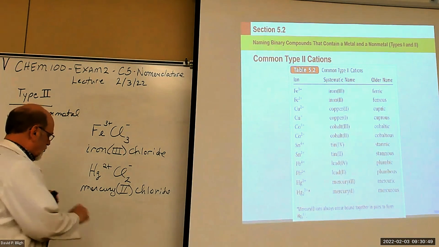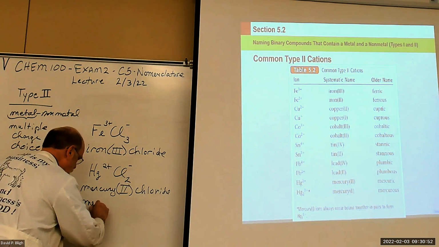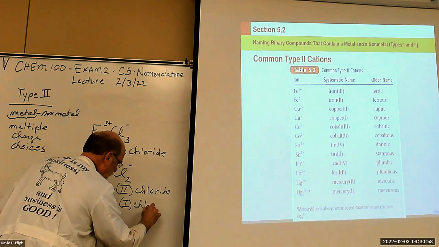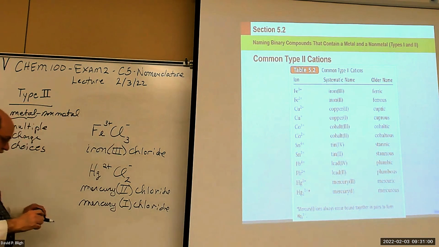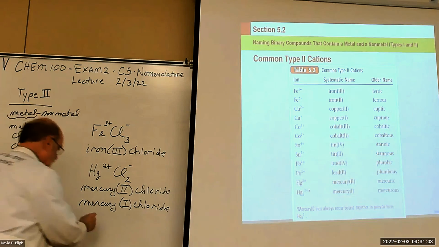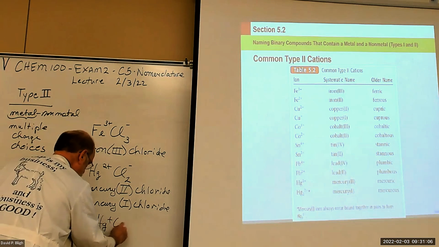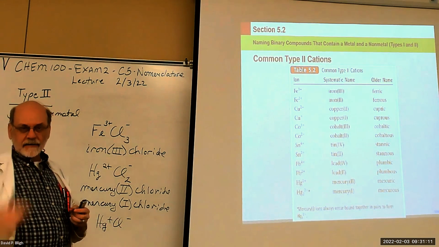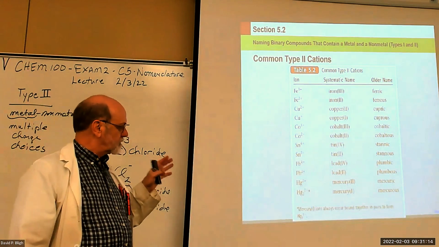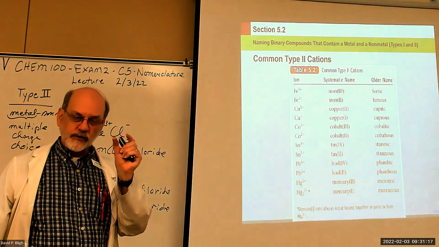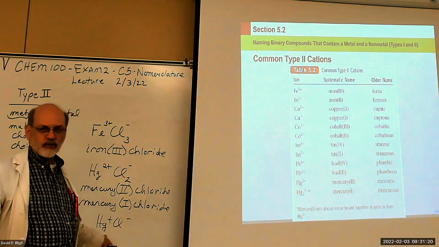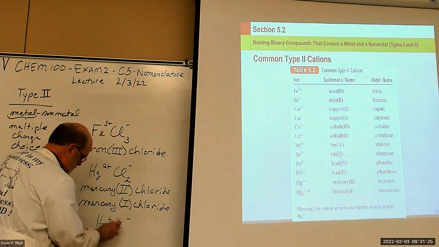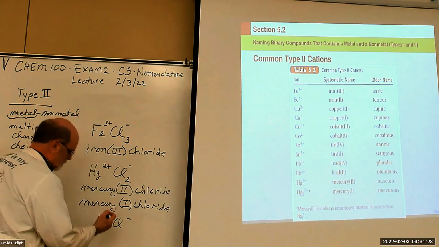Okay. What would mercury(I) chloride look like? The temptation is to say this. I just put 1 and 1. But mercury is funny. Mercury, when it's single, is always 2+. So this would have to be 2+. If it's 1+, then you need 2 of them.